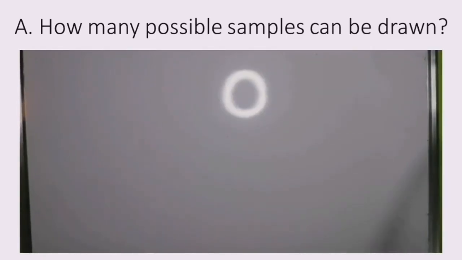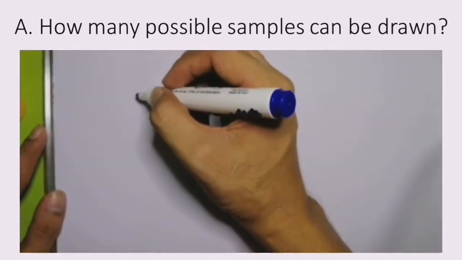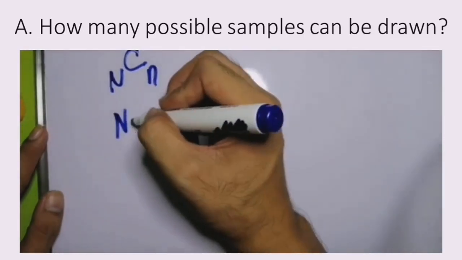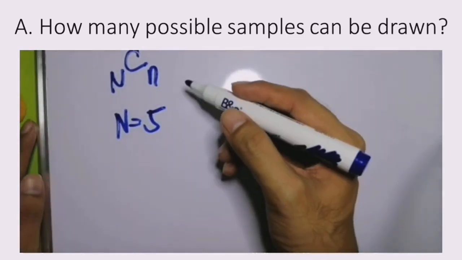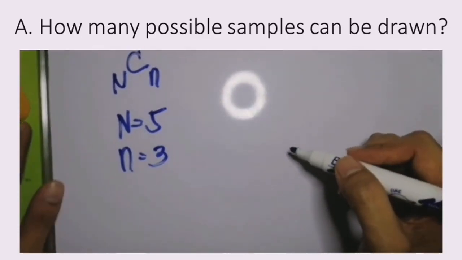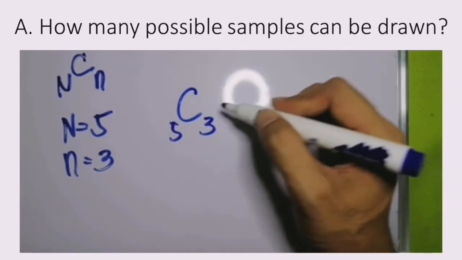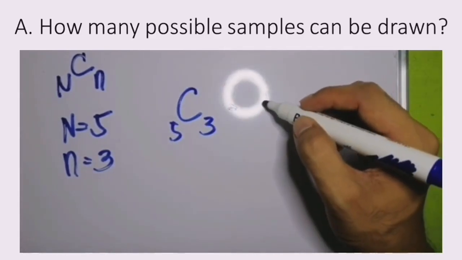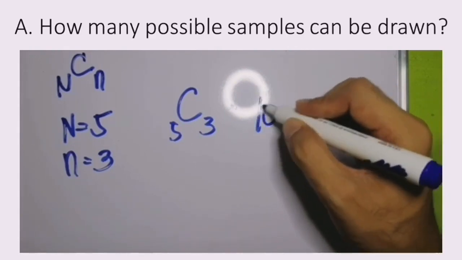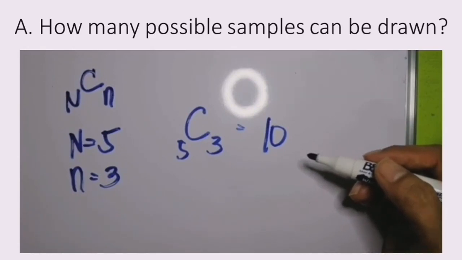Again, to solve this problem, we use the same formula. Our population total is 5, and our sample size is 3. We substitute, that's 5 taken 3. We solve it using the solution I showed you earlier. Again, 10 is our possible outcome.